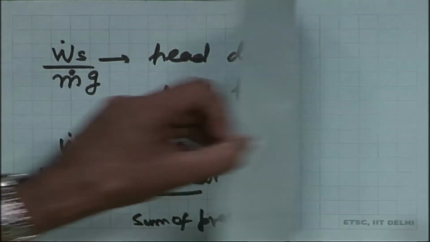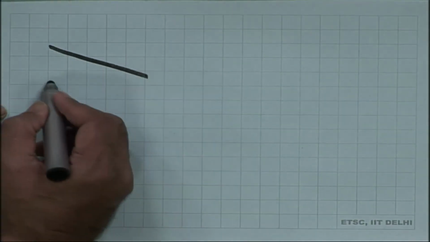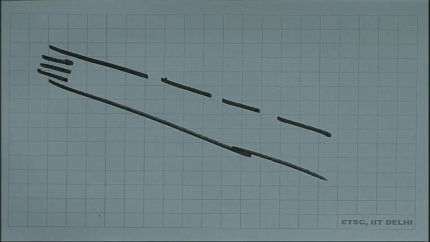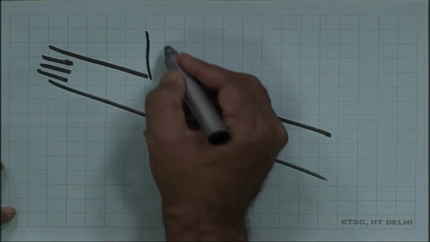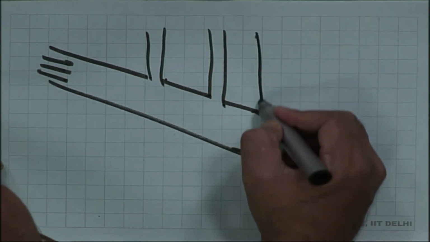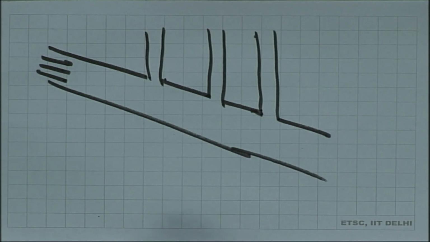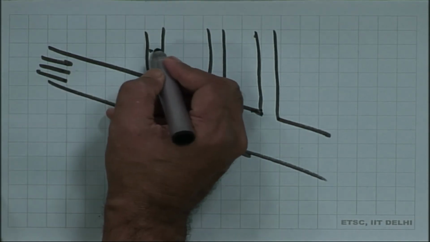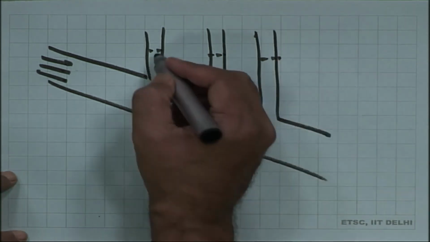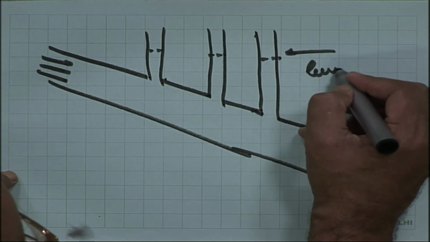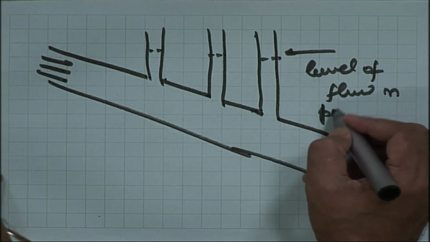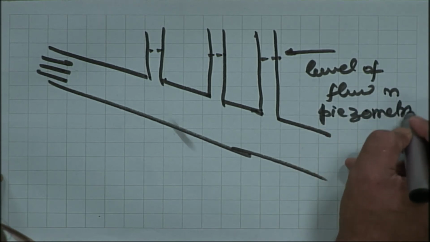The reason why this was defined was, suppose you have flow in an inclined tube. So, we have flow going down an inclined tube, and if we put some tappings on the top wall and put a straight tube ahead, the fluid will rise in these tubes, and this level of fluid in this tube gives us the piezometric head.